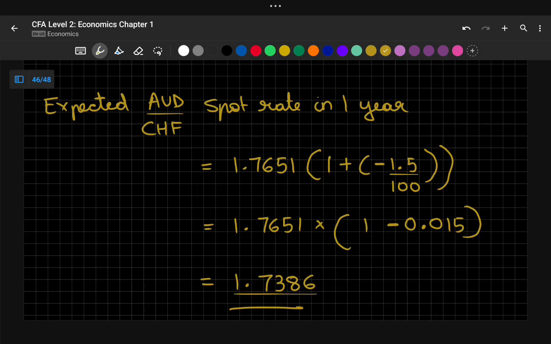Hence, if you notice, the expected spot rate has decreased, that is, Swiss franc is depreciating. 1 CHF will now be equal to 1.7386 AUD in 1 year instead. So it is depreciating from 1.7651, it has decreased to 1.7386. So CHF is depreciating because CHF has a higher interest rate. With that, we have solved this question.